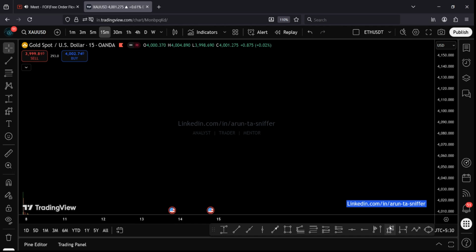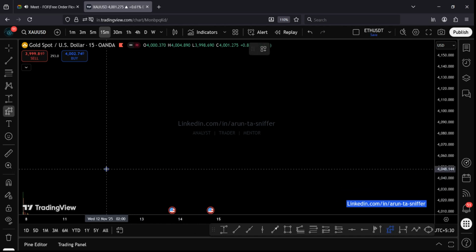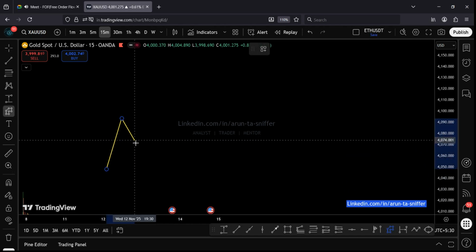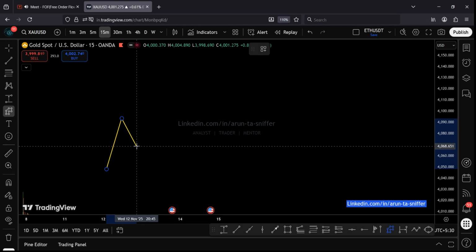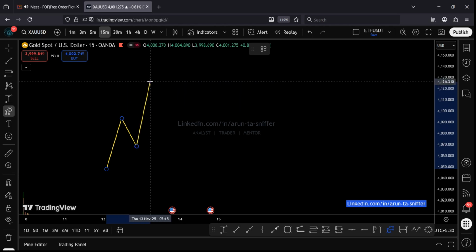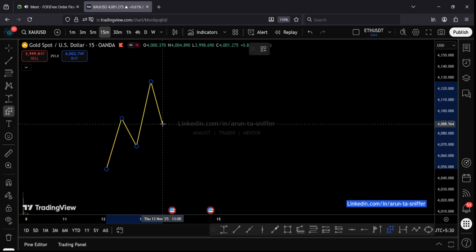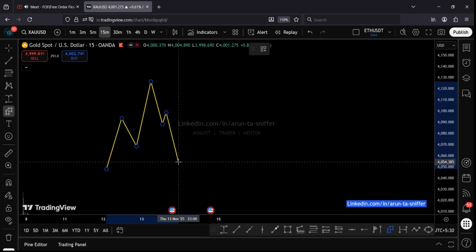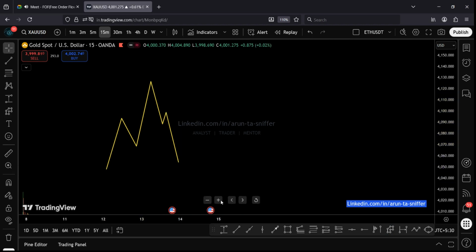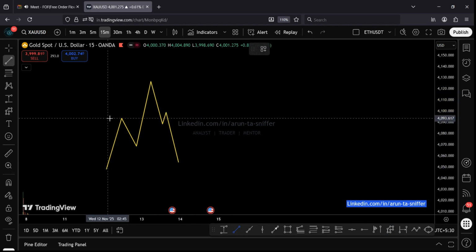So let's see on the chart how it will look. Price creates a high, makes a low, makes a higher high, came back to the LSK level, makes a king, crosses the lower low, right? So what is happening here?